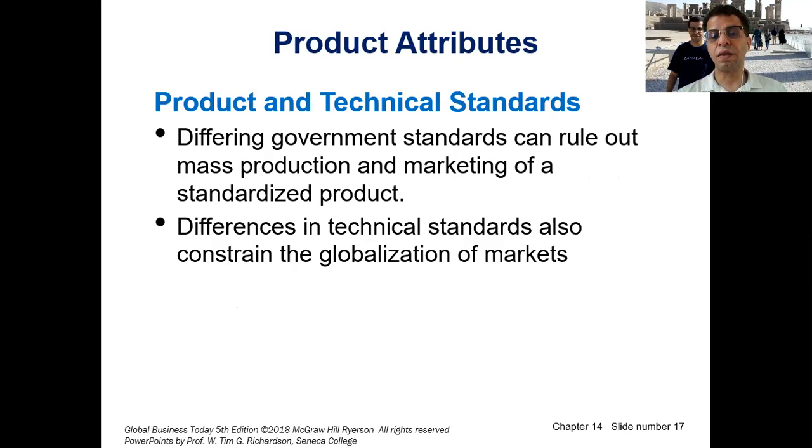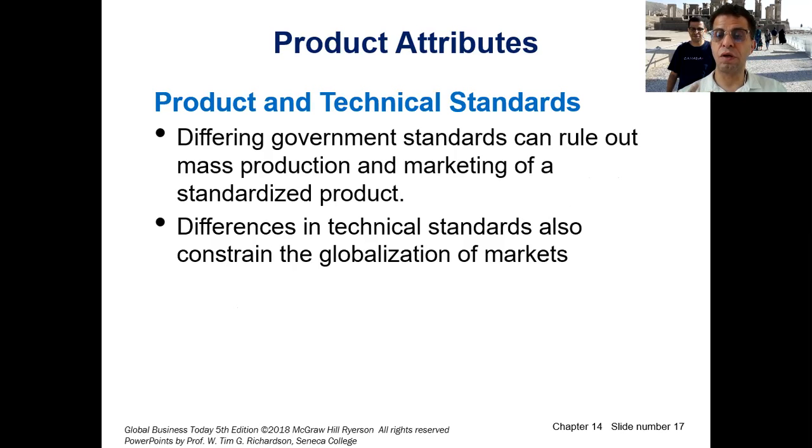The other thing, the product and technical standard. Different government standards can rule out the mass production and marketing of a standardized product. So if you're making a burger with bacon, very famous in Canada, it's not going to be applicable in Saudi Arabia.